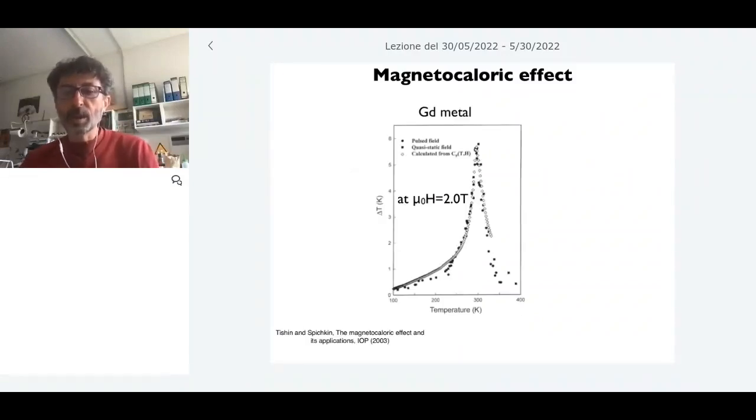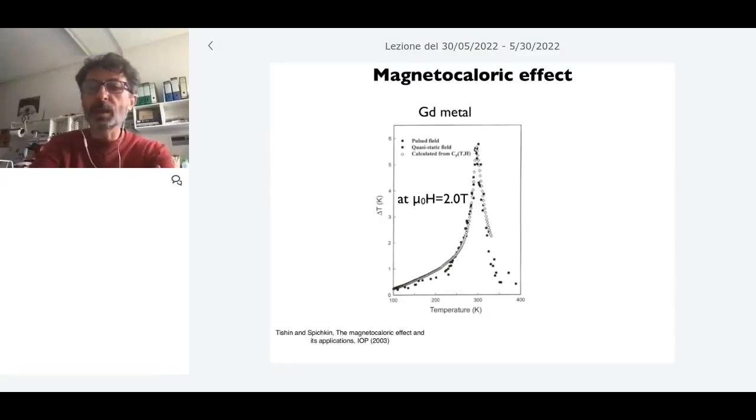By chance, gadolinium metal, which has quite a large spin, 7.5, also has a transition temperature very close to room temperature. So you can take the metal gadolinium as a possible working material with a magnetocaloric effect at room temperature.